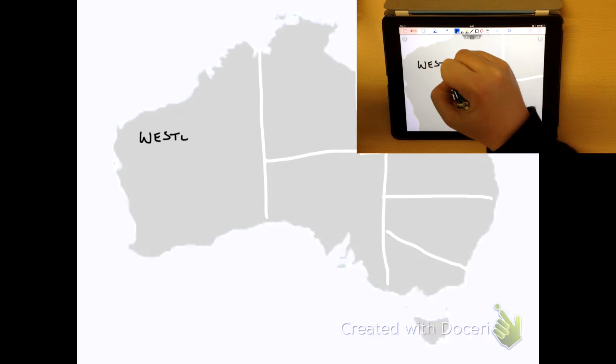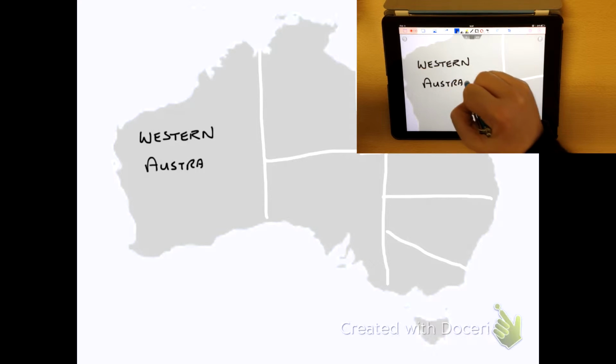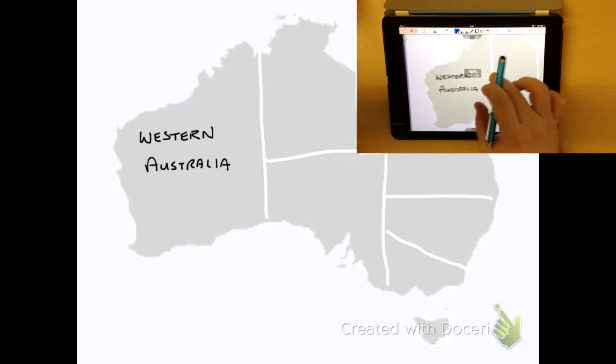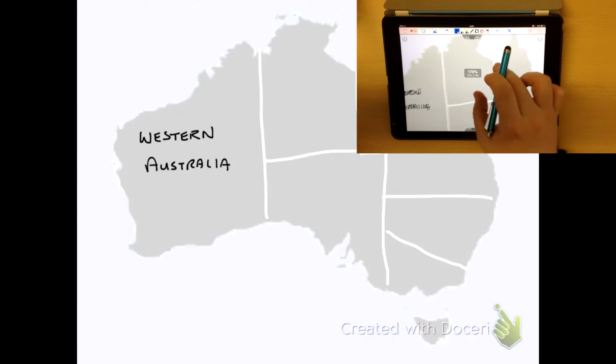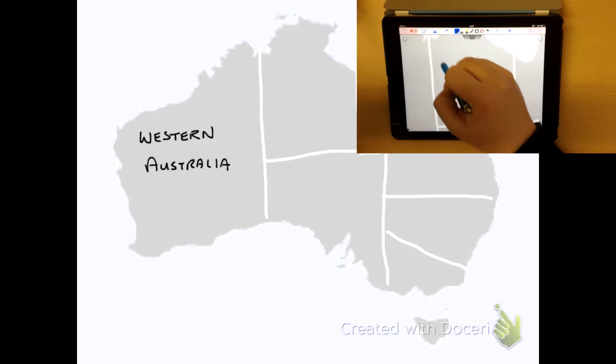So start with Western Australia. Zoom a little bit. And notice I'm using my two fingers just to move the screen across to where I want it.